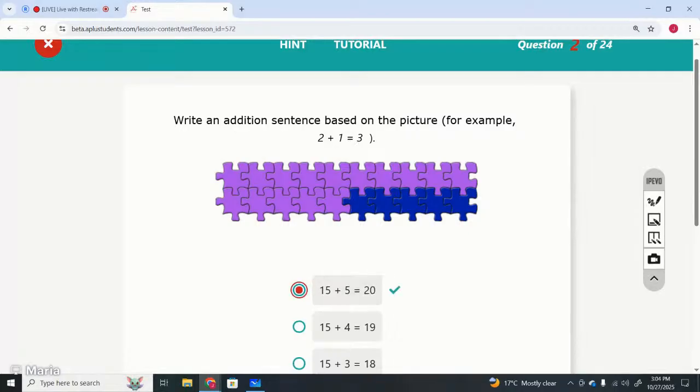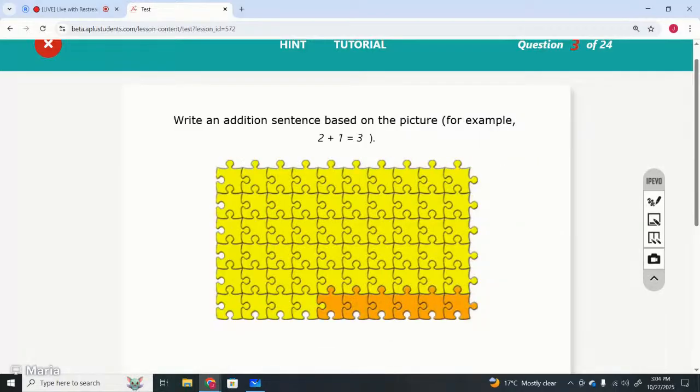That would be 15 plus 5 equals 20. Option number 1 is the correct option.